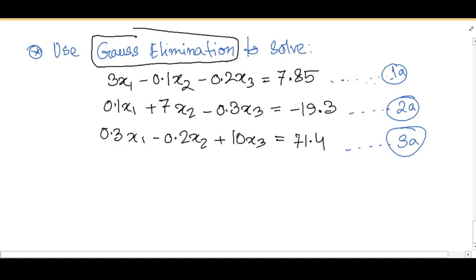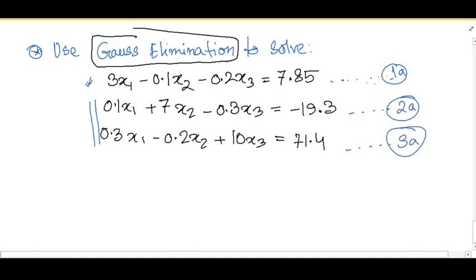Now, you know that the first task is to eliminate the coefficient of x1 from the equations except 1a. So we'll keep the coefficient of x1 in this equation, but eliminate it from equations 2 and 3. For that, we refer to 1a to equalize the coefficient.